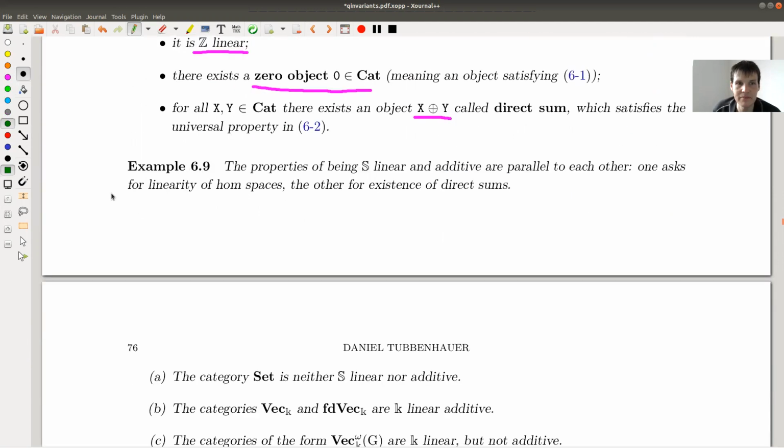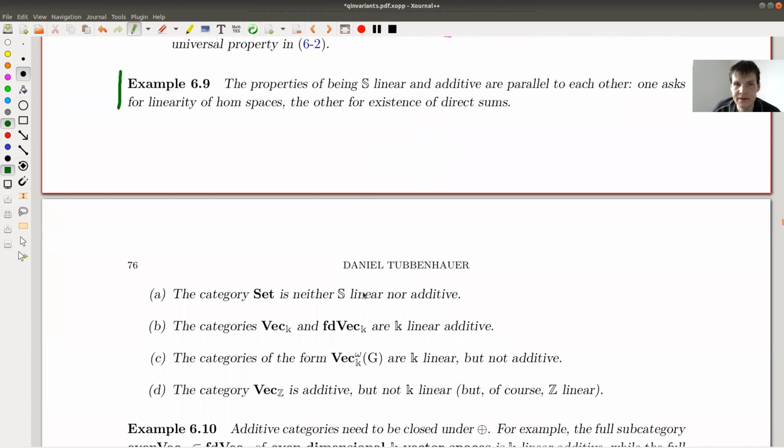So let's look at some examples. The point is that this part of mathematics is not based on sets. So Set is not linear, it's not additive. Vect is. Vect is the linear version of Set, so it's a linearization of something.